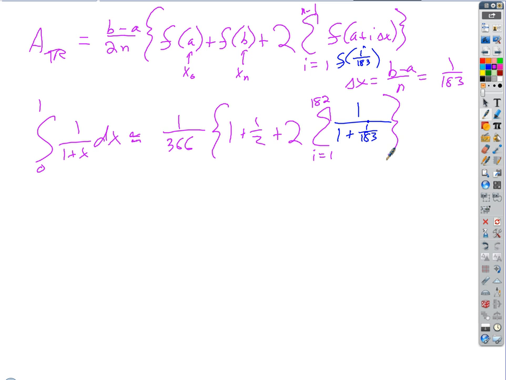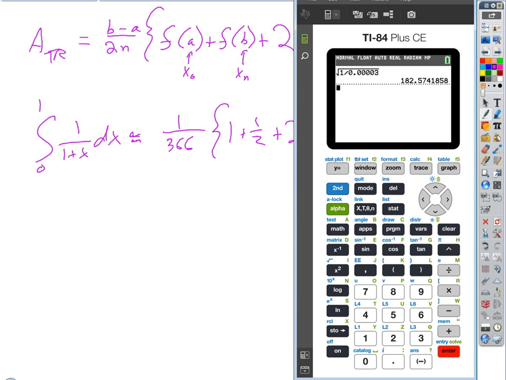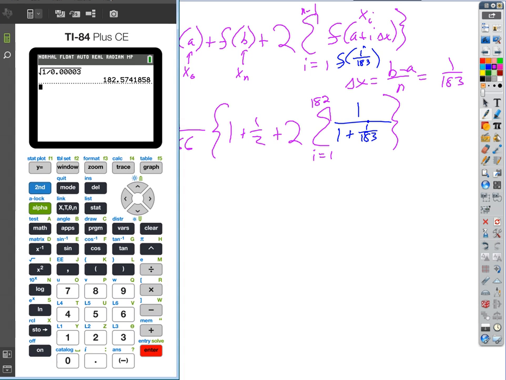All we have to do is interpret what f of x sub i is, from 1 to n minus 1, right? x sub i is just a plus i delta x, right? And so if we throw that in our calculator, what do we get?